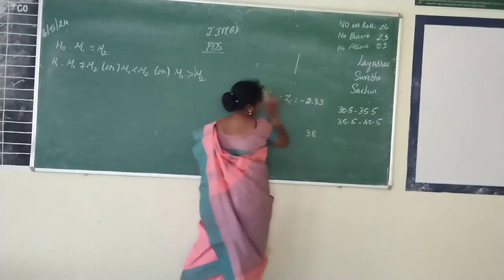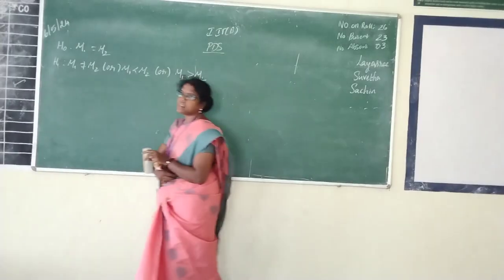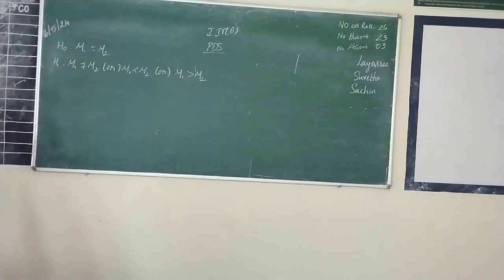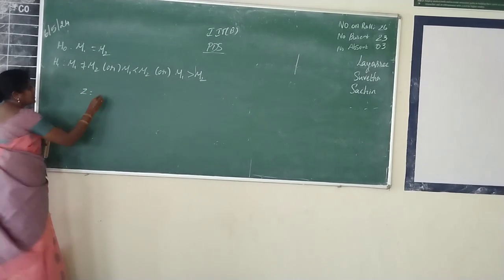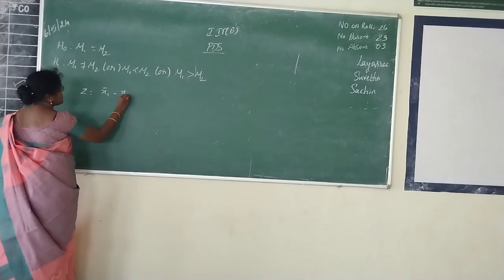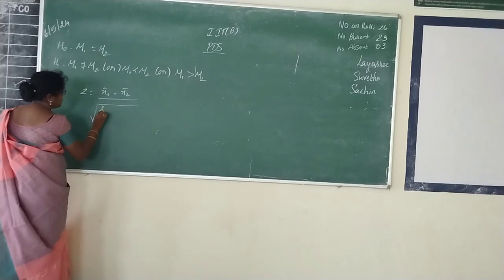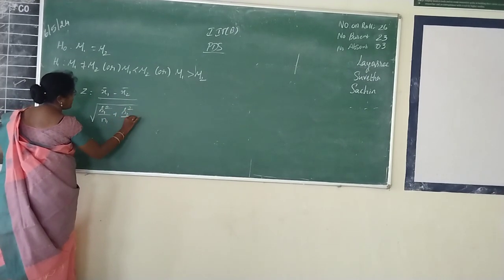Right, next slide. The test statistic is Z equal to x1 bar minus x2 bar divided by square root of s1 square by n1 plus s2 square by n2.